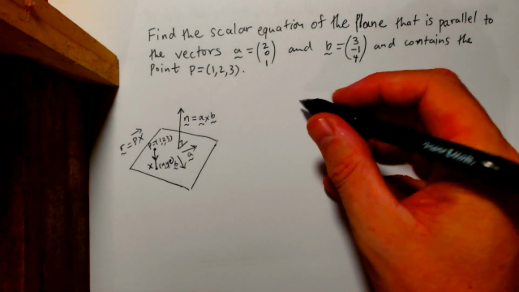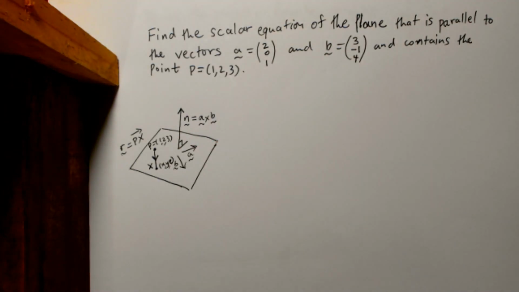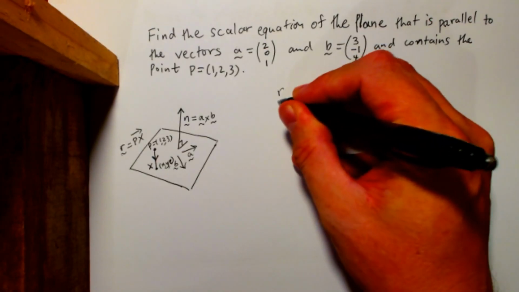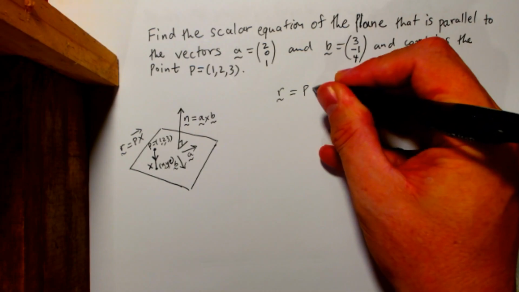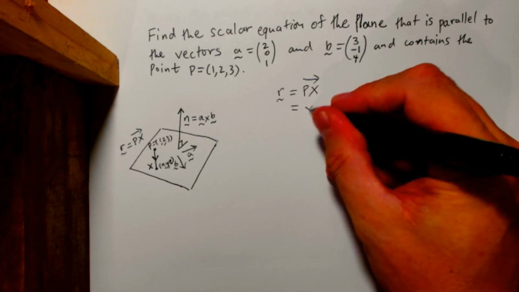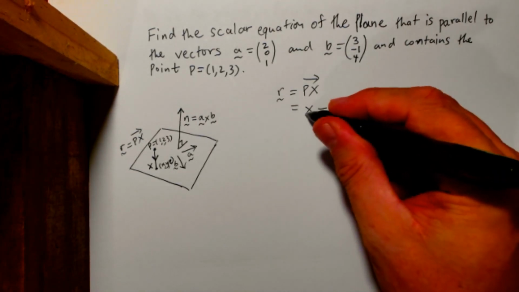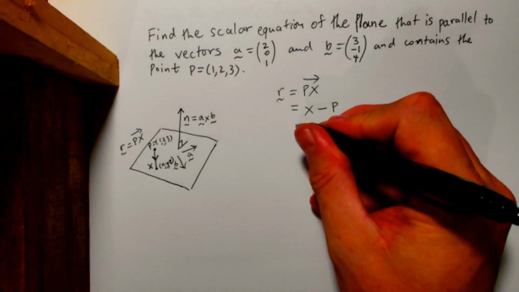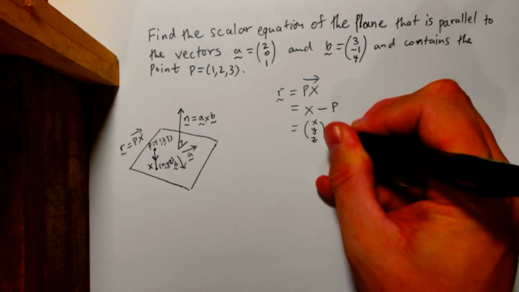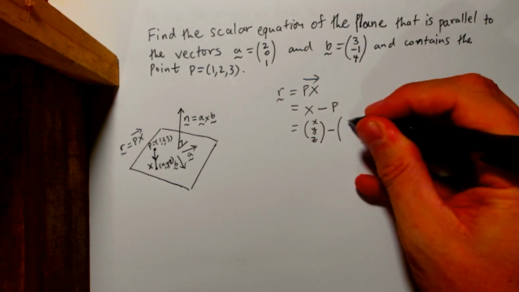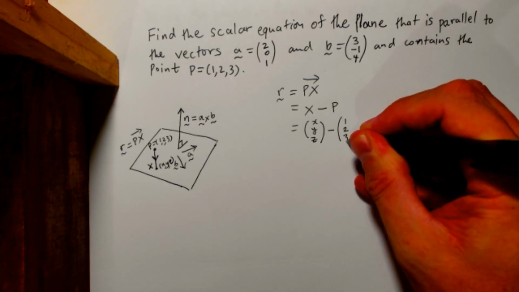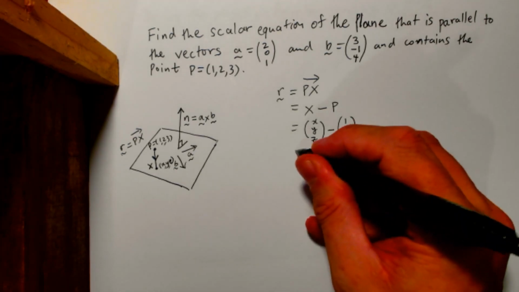So let's first work out what our vector PX is. So the vector r, which is PX, now there's a formula for this, right? It's x minus p as vectors. And so that's x, y, z minus the point 1, 2, 3, and let's simplify this.